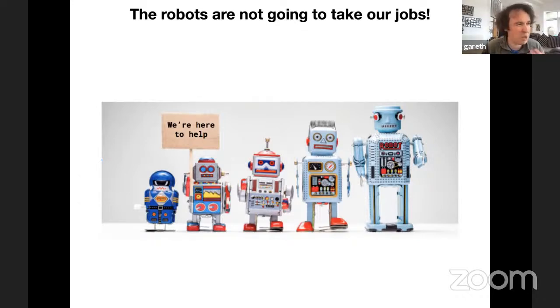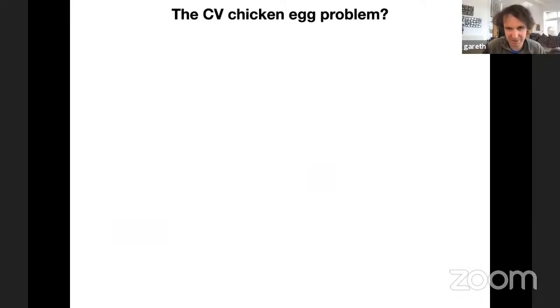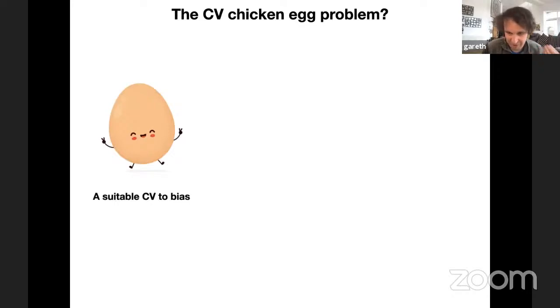Okay, so people who make this argument will say things like, the issue of finding the CV is a chicken and egg problem, in that, okay, the egg is a suitable CV to bias. So we want to find this CV, and that's going to be our egg. But to know what the best CV is, especially in the way that I presented it, we need to know where those metastable states are.